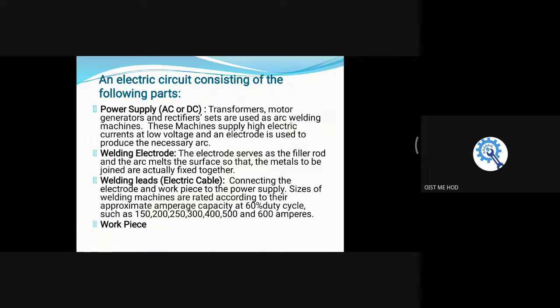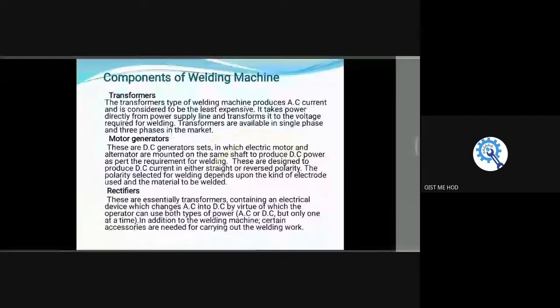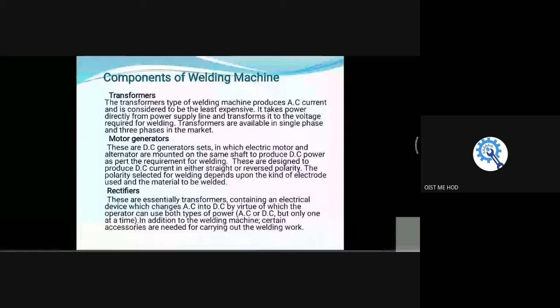Then the electrical circuit of welding consists of AC and DC power supply, welding electrode, welding leads, and workpiece. Then components of welding machine: transformer, motor generator and rectifier.